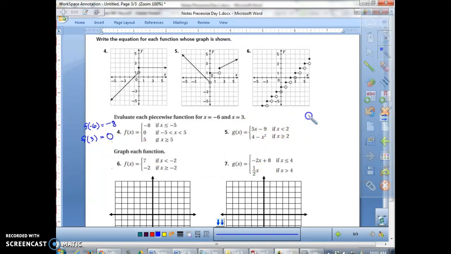So let's evaluate these. So now I'm going to do g of -6, and then I'm going to do g of 3. So where's the -6? It's this one right here, correct? So what would I do with that? Plug in the -6, so I get what? Y'all, do you understand what I'm doing?